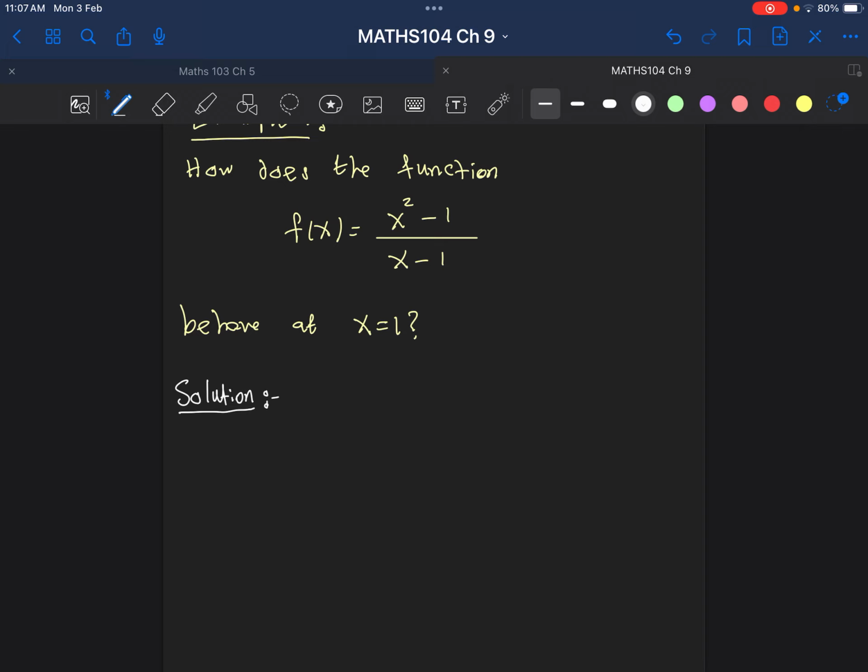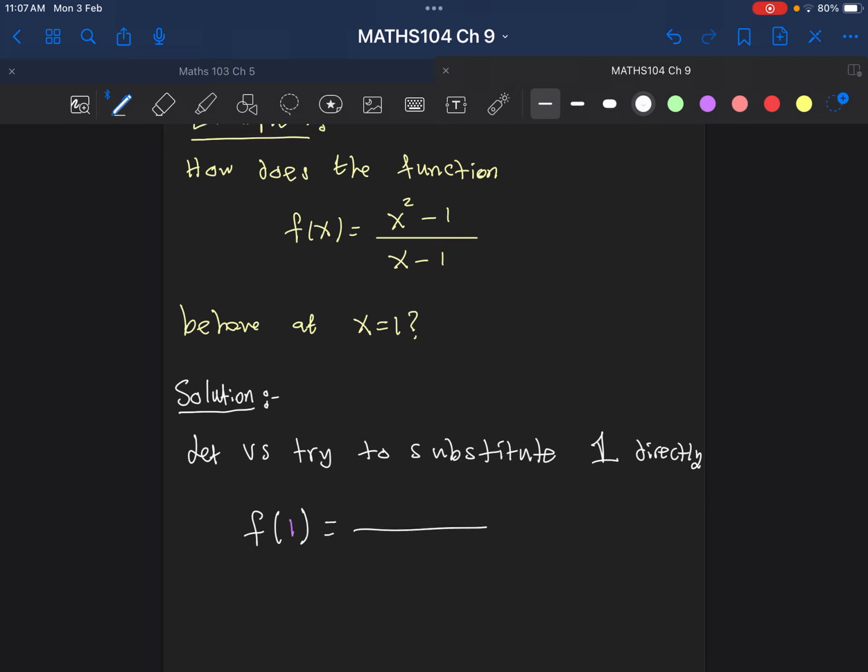Well, the first thing is, let us try to substitute 1 directly. Let's see what will happen if, instead of x, we just plug in 1, which is the value at which we are looking at the function's behavior.